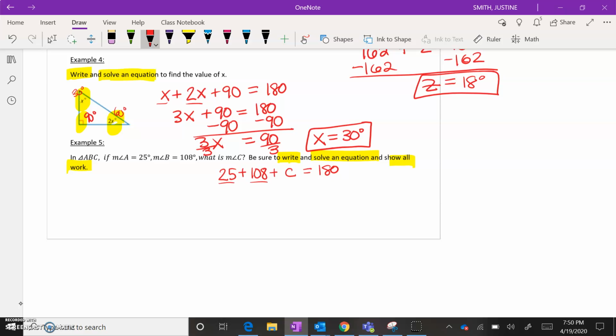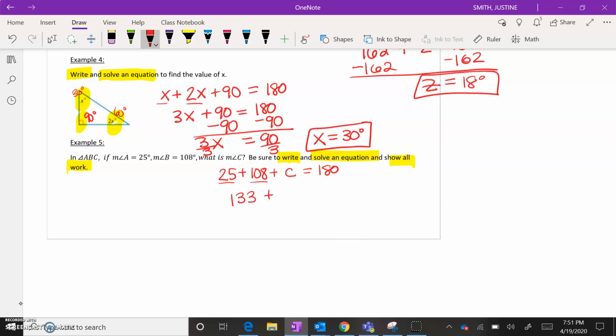Okay, so we're going to combine this here to get 133.